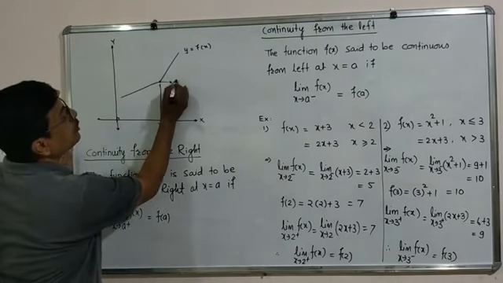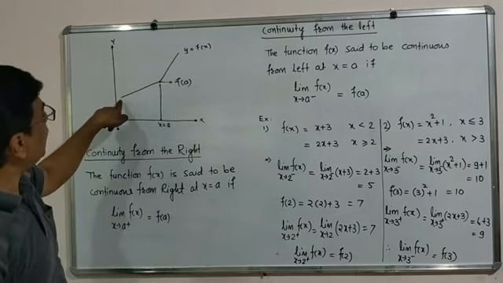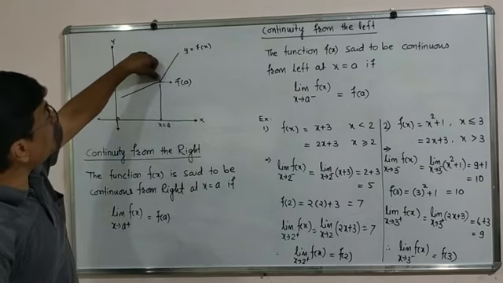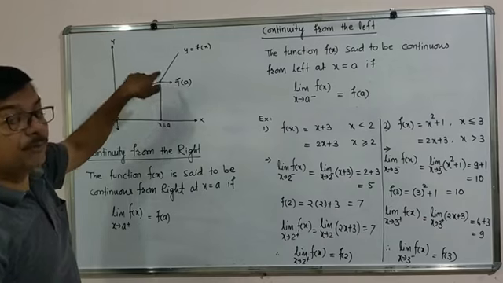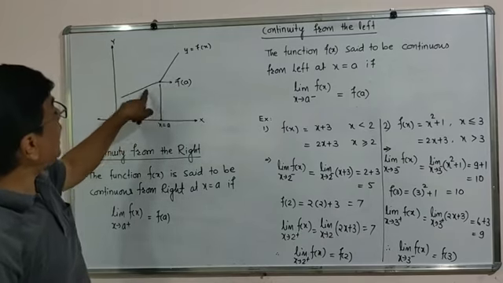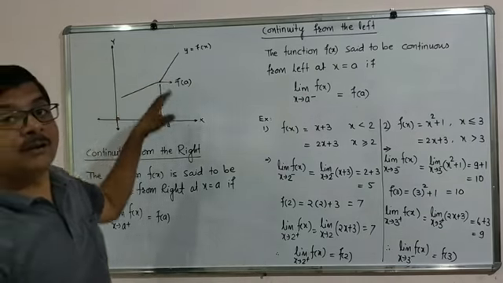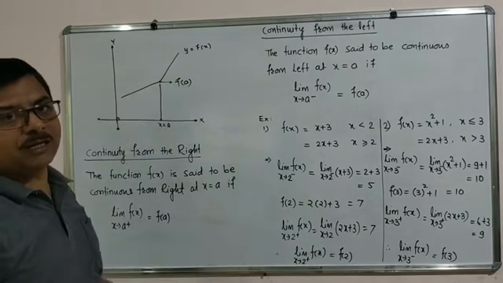This is said to be f of a. Means here in this graph we can say that the graph of the function is continuous because the value of the function at x is equal to a and the limits of the function at x is equal to a are approaching each other, means they are equal to each other. Hence such a function is said to be a continuous function.